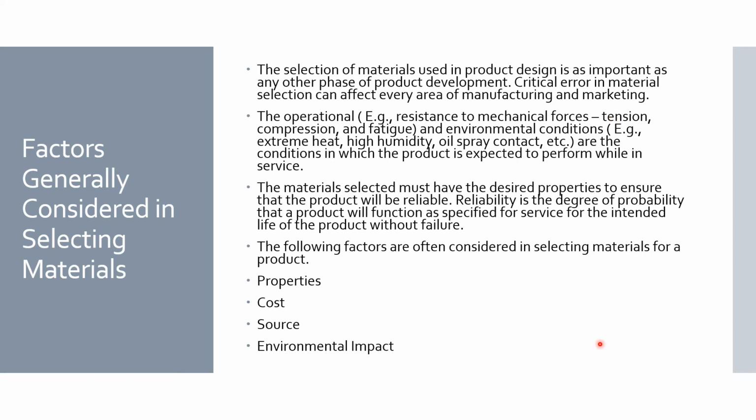So there are conditions that we seriously consider. Those are the conditions in which a product is expected to perform while in service. And we look at two major things. One is its operational conditions, and the other one is environmental conditions.